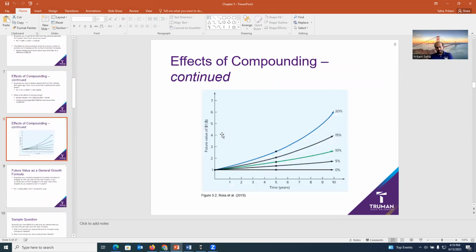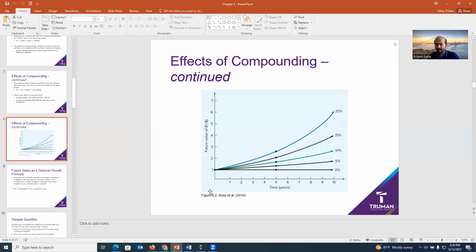If you look carefully at future value, it's trying to tell you, when you talk about the effect of compounding, if you have a 0% rate, the future value of $1 invested today.